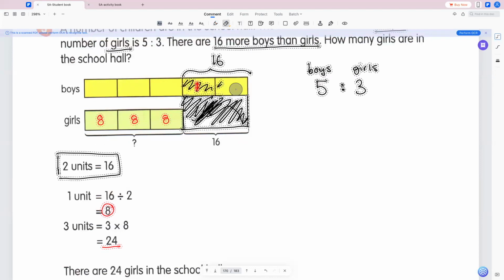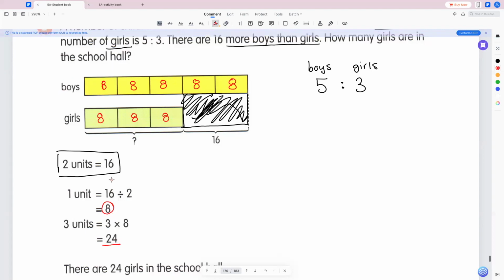I'm going to erase it here. We don't really need this anymore. We have 8, 8, 8, right? Each unit is 8, representative of 8 students. So for the boys, we know that there's 5 units, so 5 times 8, we get 40.